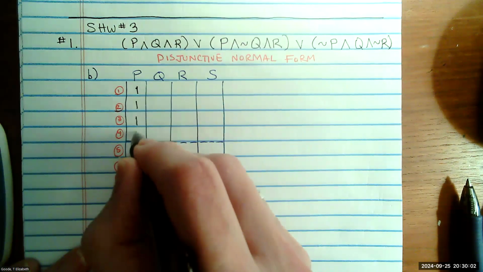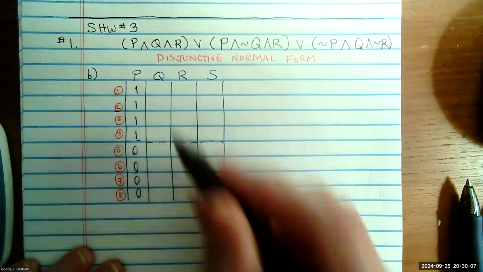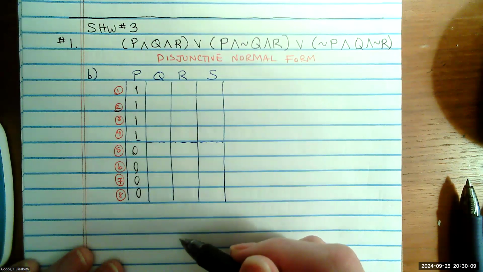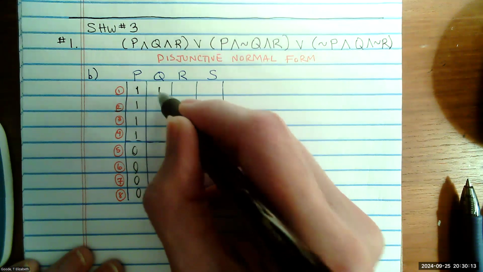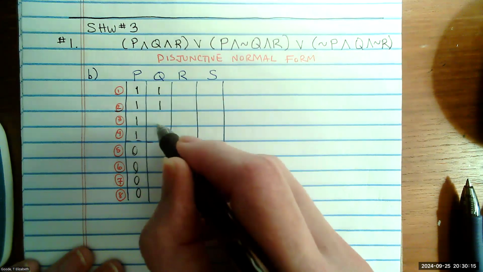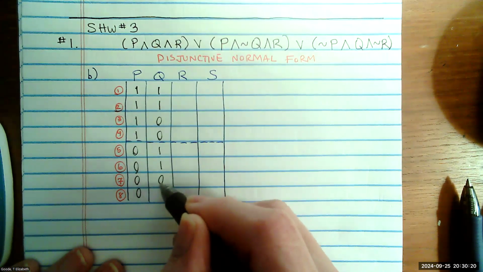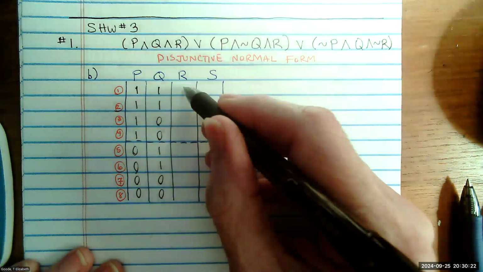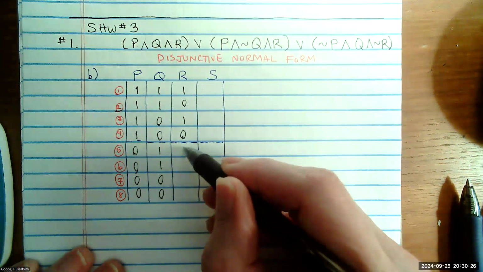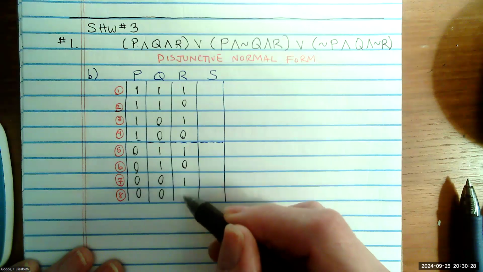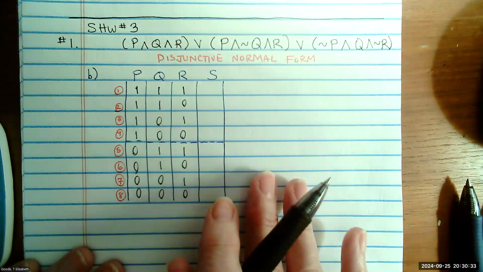So it's 1, 1, 1, 1, 0, 0, 0, 0 under P. What would go under Q? 1, 1, 0, 0, 1, 1, 0, 0. Good. Perfect. And then under R? 1, 0, 1, 0, 1, 0, 1, 0. And this way we don't miss anything and it always makes sense.